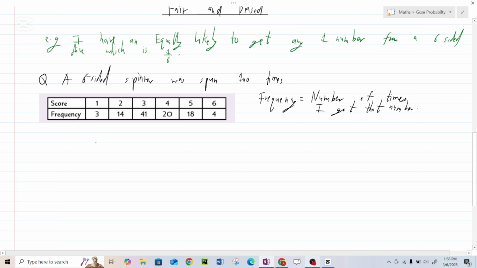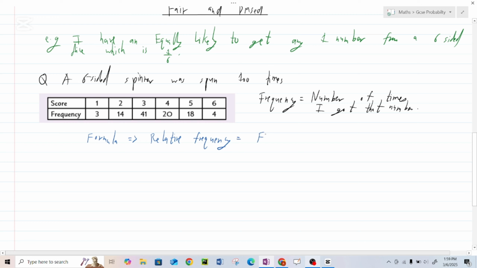Now the formula to find the probability in this case would be, let's write it here, the relative frequency. I'm going to explain what relative frequency is.